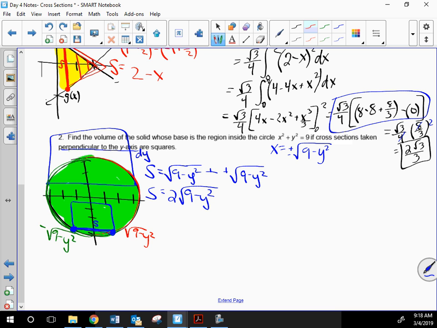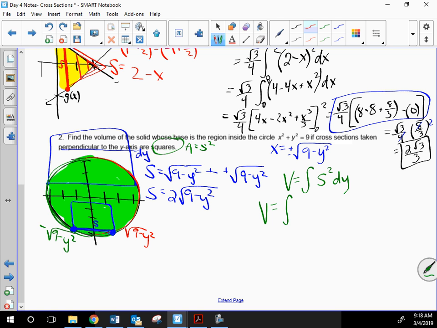So that's my side. Again, my volume is the same formula, in that we are integrating the area of our cross section. We're dealing with squares, so our area of the cross section is just side squared. So when I go to do my volume, I'm integrating the area of my cross section, which is just side squared. I'm going with respect to y. So let's go and fill in what we have.